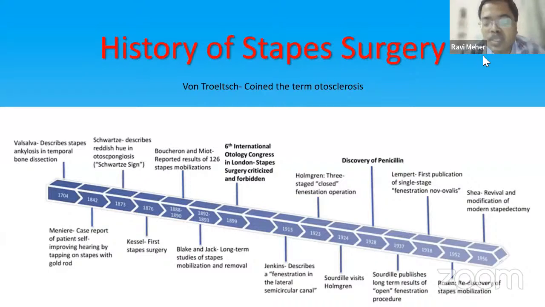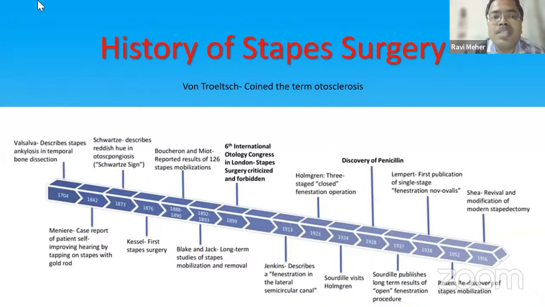Lempert did not have any formal residency because he was from a poor background, and he did not have a formal residency in ENT, but he went to different ENT surgeons, did observerships and started doing otology practice. So he was the first most successful stapes surgeon, and he started doing single stage fenestration operation.